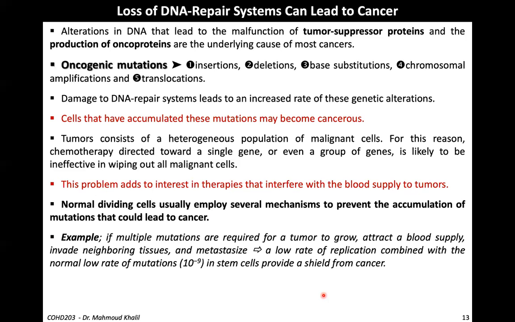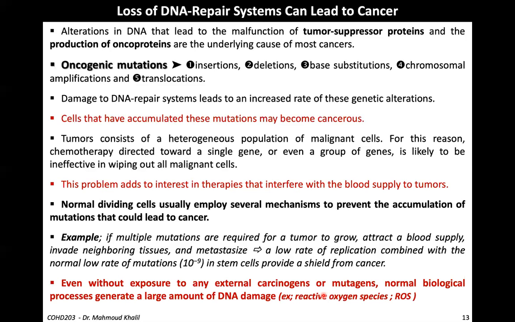For example, if multiple mutations are required for a tumor to grow, another mutation for attracting blood supply, another mutation for invading neighboring tissue, another for metastasis, our stem cells, which are very highly dividing cells with a capacity of replication, are equipped with a low rate of replication combined with a normally low rate of mutation, around one wrong nucleotide per trillion per single round. This provides a shield from becoming cancer.